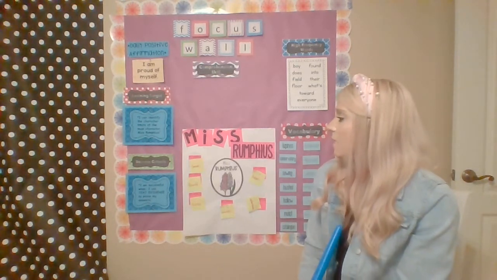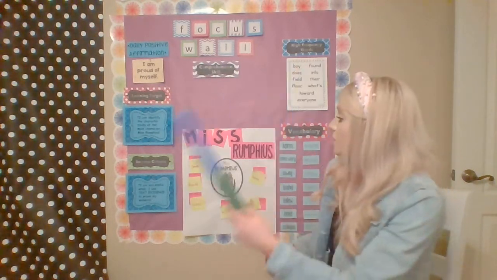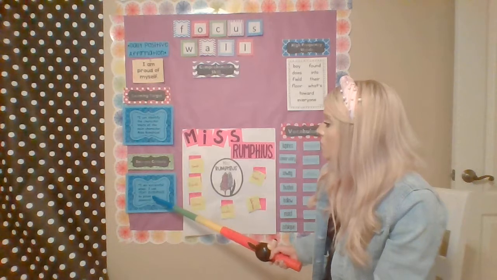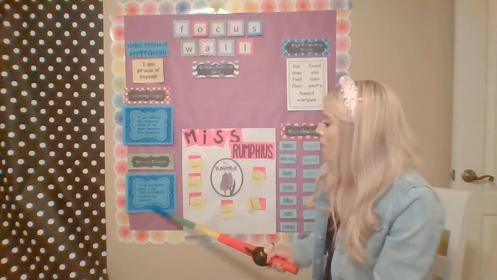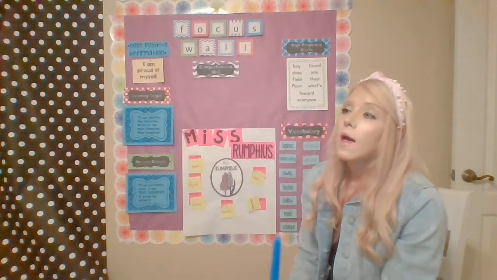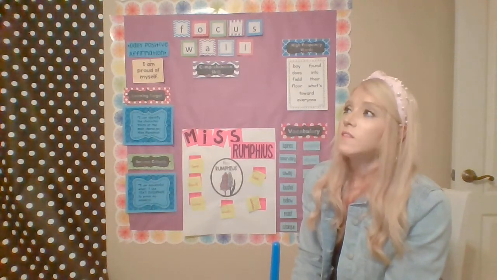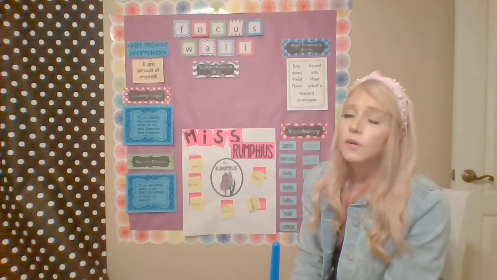So let's go over our success criteria and see if we reached our goal. Our success criteria was I used text evidence to prove my answers. Now that just means you use information from the story to help you decide and agree on your answers.